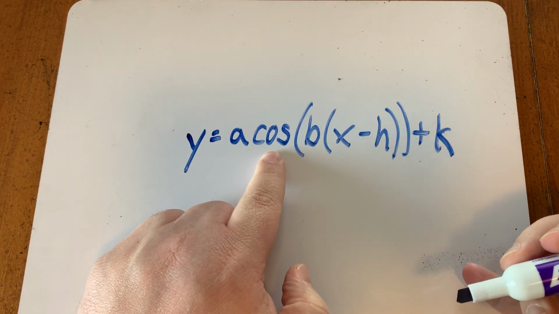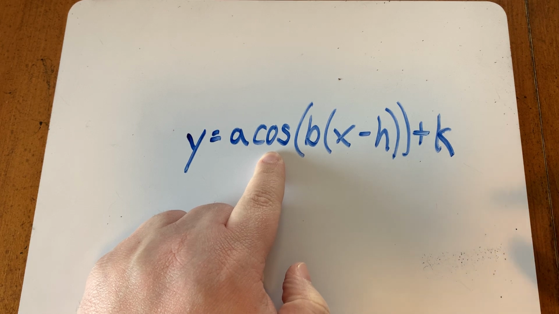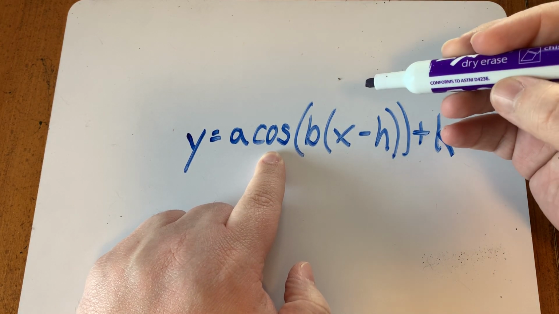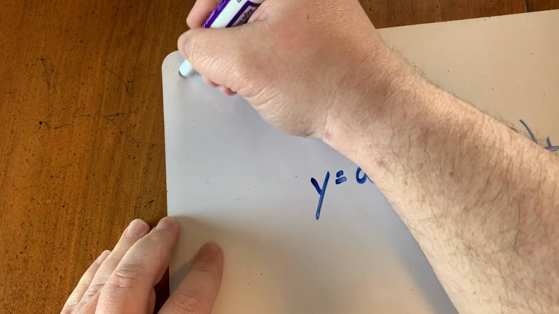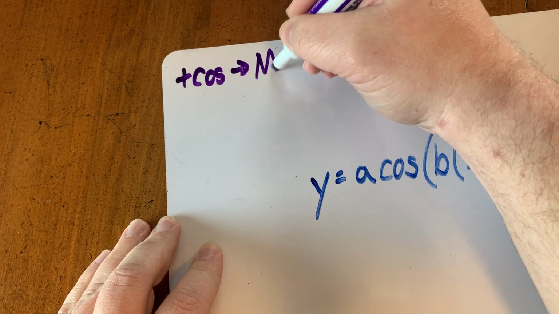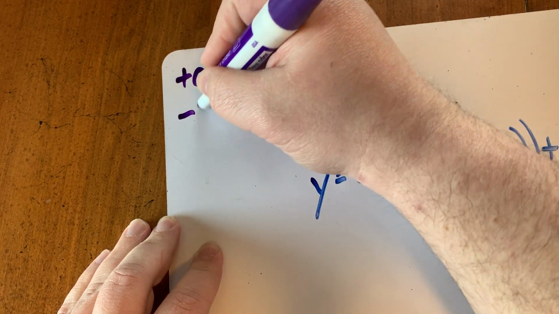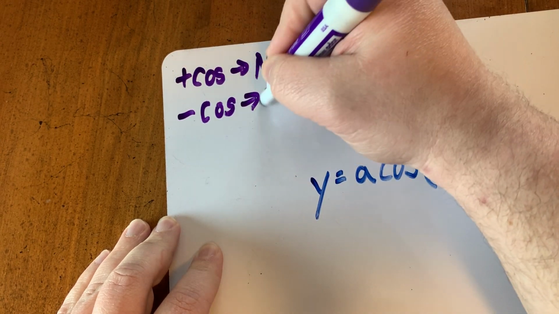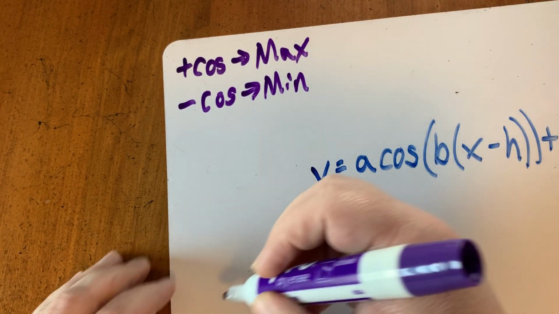This could easily be a sine equation. It doesn't matter. The only difference is that if it's a positive cosine, it starts at a maximum. If it's a negative cosine, it starts at a minimum.